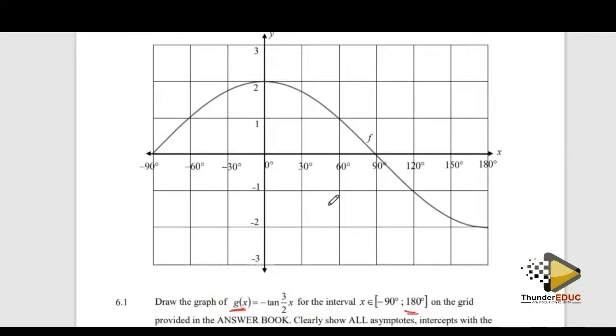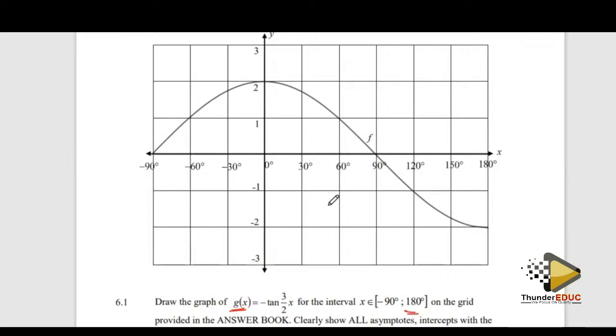Either you use your table or you use the calculator, whichever one just gives you the results quickest. I'm starting from negative 90, ending at 180, and the steps are 30.